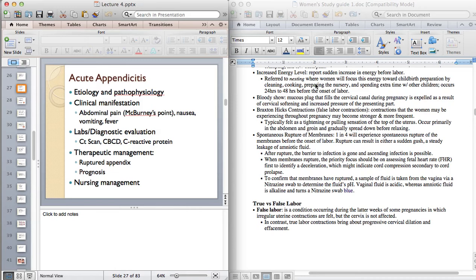Other conditions can present as pain and vomiting. A viral infection or upset stomach can do that. So the thought was that it was just a plain viral infection, but by the time the parents sought medical help, the appendix had already ruptured.